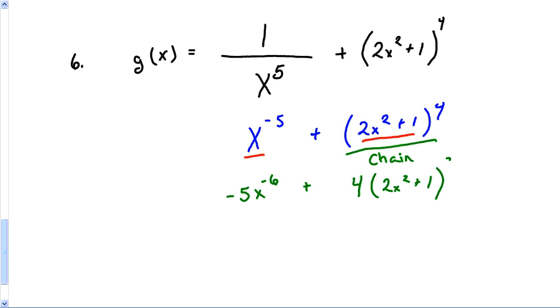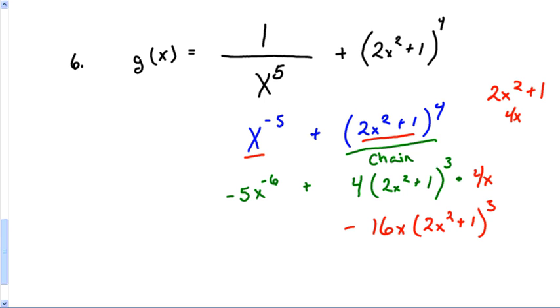Subtract 1, leaves you with 3. Don't forget, it's a chain rule. So you've got times by the derivative of the inside. Well, the derivative of 2x squared plus 1 would just be 4x. So now that's turned this into 16x times 2x squared plus 1 to the third.